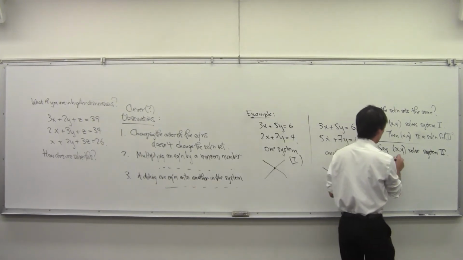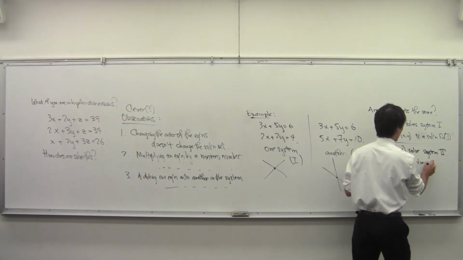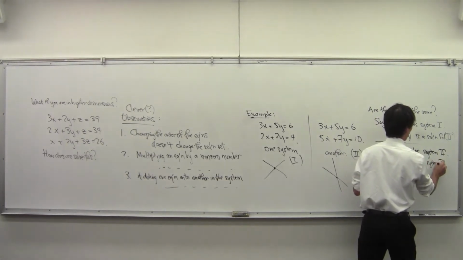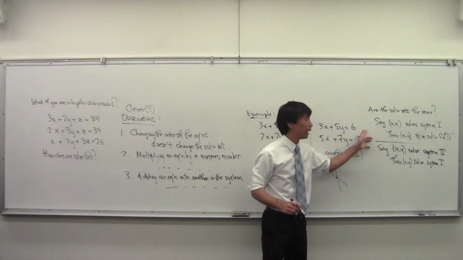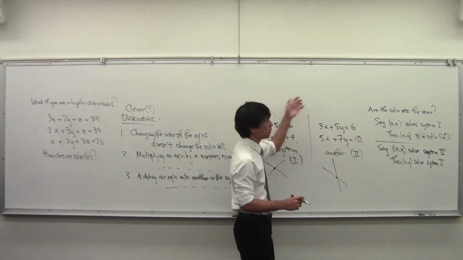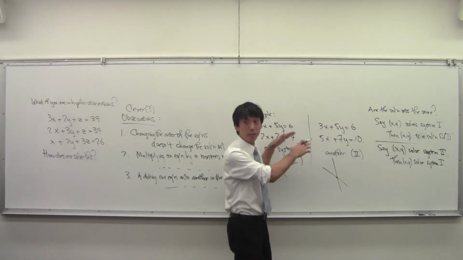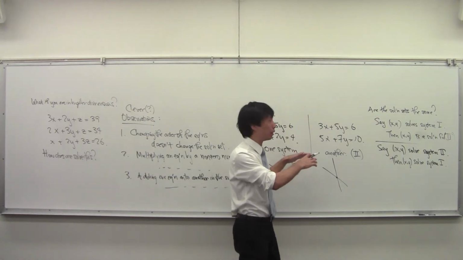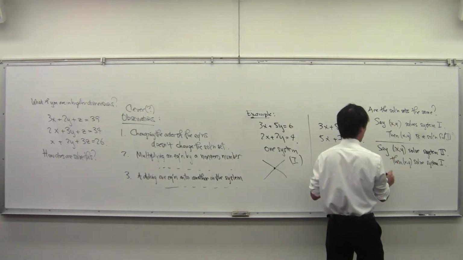So then x and y solve system 1, okay? And so what this pair of observations shows is that any solution of 1 is a solution of 2, any solution of 2 is a solution of 1. So the solution sets are the same.